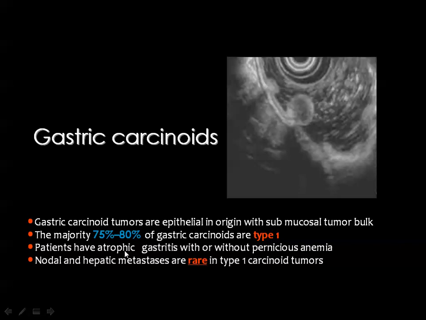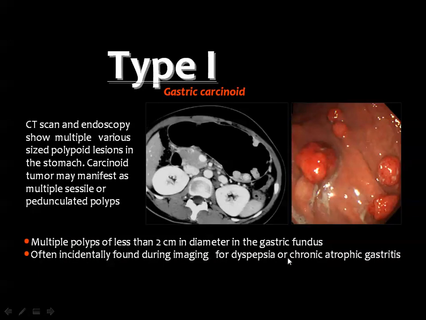Then this type 1 is usually seen in patients with atrophic gastritis or with pernicious anemia. Type 1 carcinoid is seen in cases of chronic atrophic gastritis.